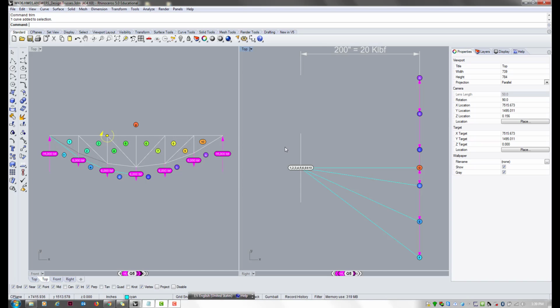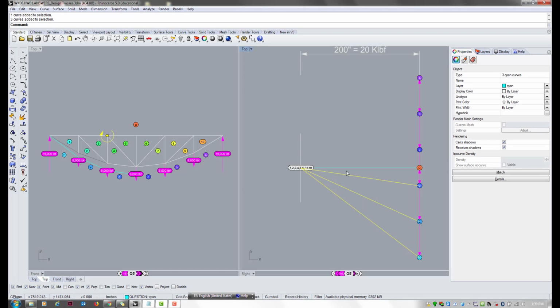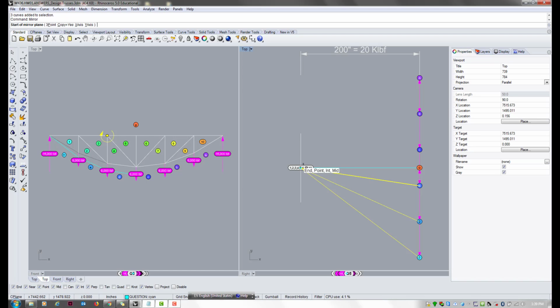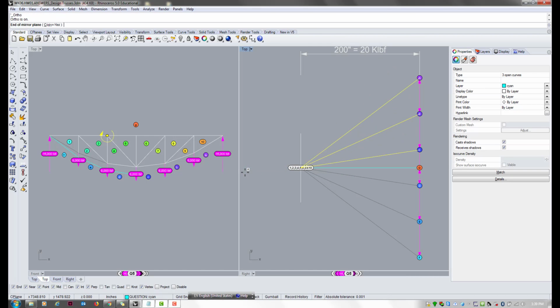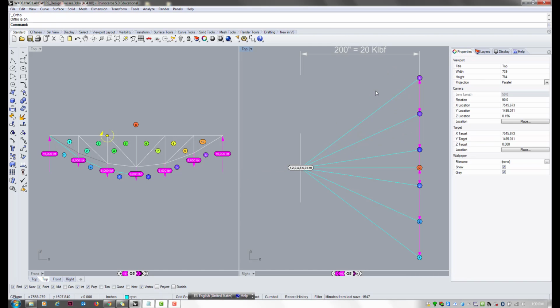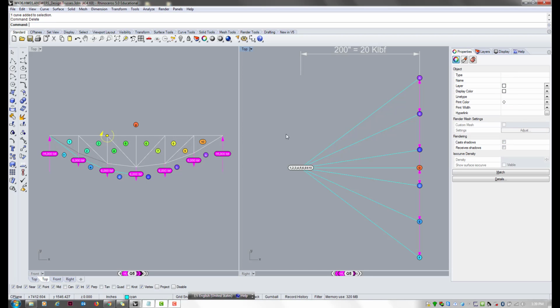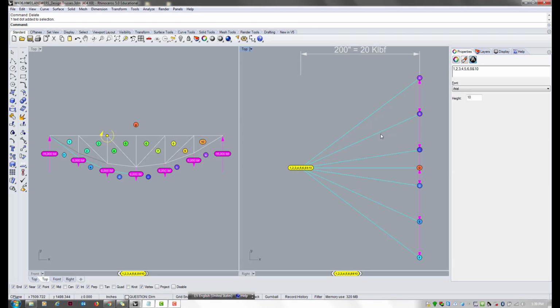By now, if you keep going with this process, it's probably pretty obvious that because everything is symmetrical on the truss, your force diagram will end up looking completely symmetrical. You can probably guess that all of the number points, 1, 2, 3, 4, are actually going to be identical at this point.